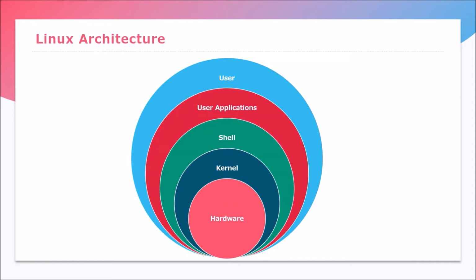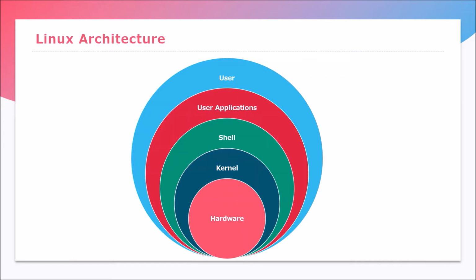On top of kernel we have shell. So if you have already worked on Linux somewhere or another way, you might have encountered with the shell, bash shell or korn shell. So these are nothing but an interface between user and user applications and kernel. So whatever command user want to execute on the computer, they will type in shell, and shell will further communicate it with kernel using system utilities, and kernel will get those commands executed on the computer hardware.